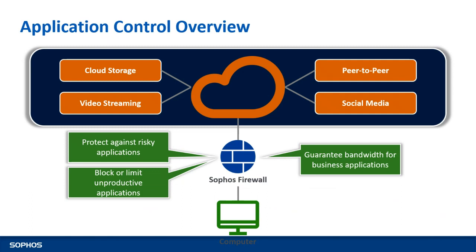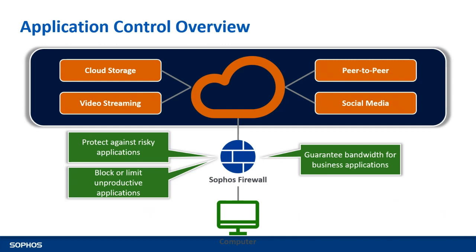For example, many applications and tools used for day-to-day business are provided through cloud-based services. So ensuring good internet connectivity for employees is vital. Alongside these business applications are very many other types of applications and services that can be imagined, many of which are unproductive or can expose users and the company network to risk.